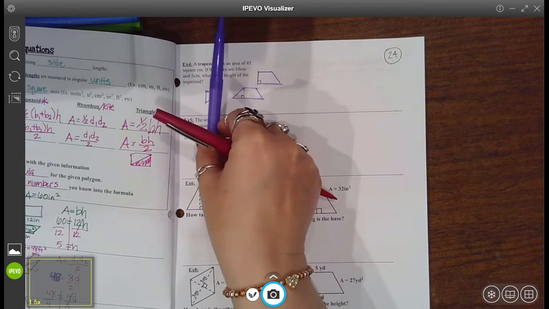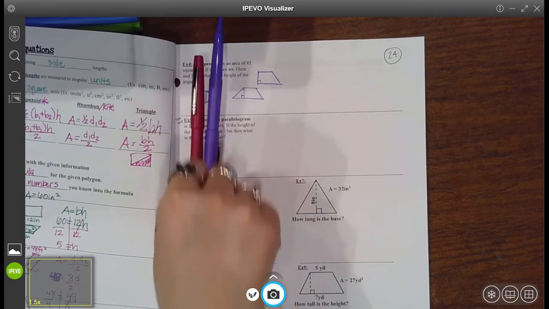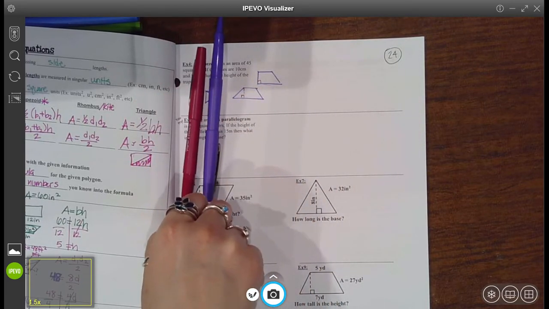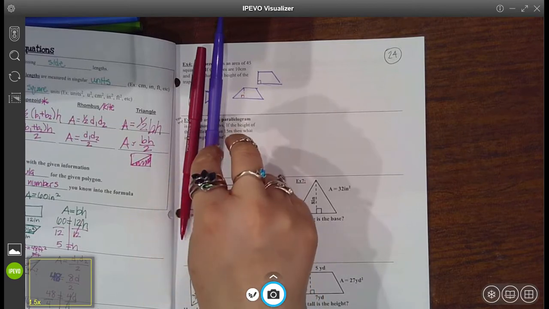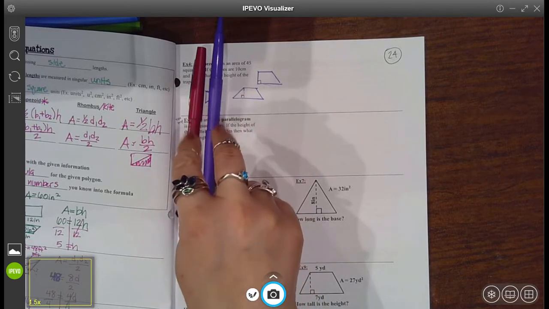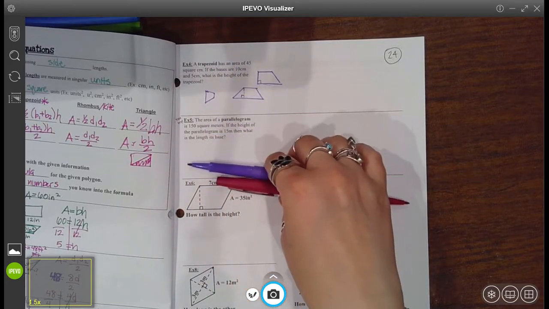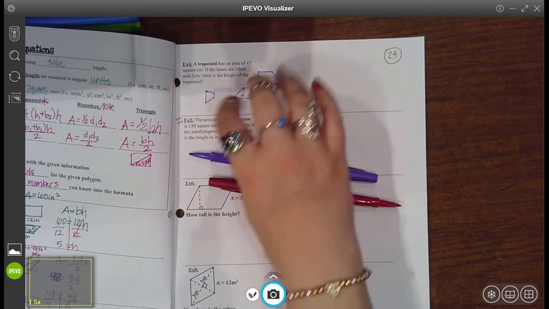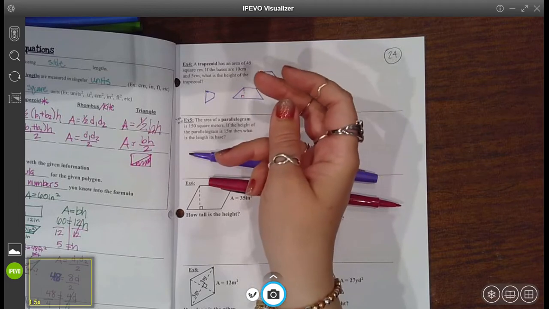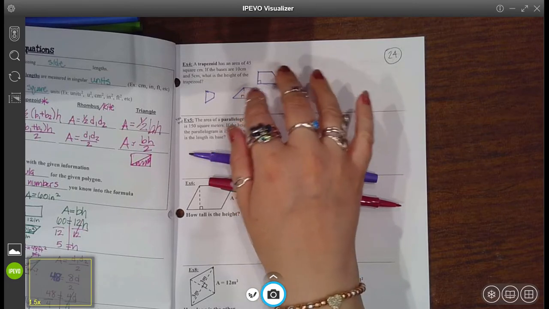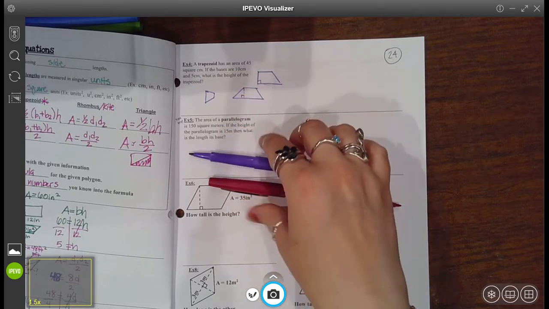But this one right here and that one right there, those are your two bases because if you extend those sides, they're parallel. They'll never intersect. Trapezoids only have one pair of parallel sides. I wanted to show you that because sometimes they rotate figures. So it's important to know where your bases are.